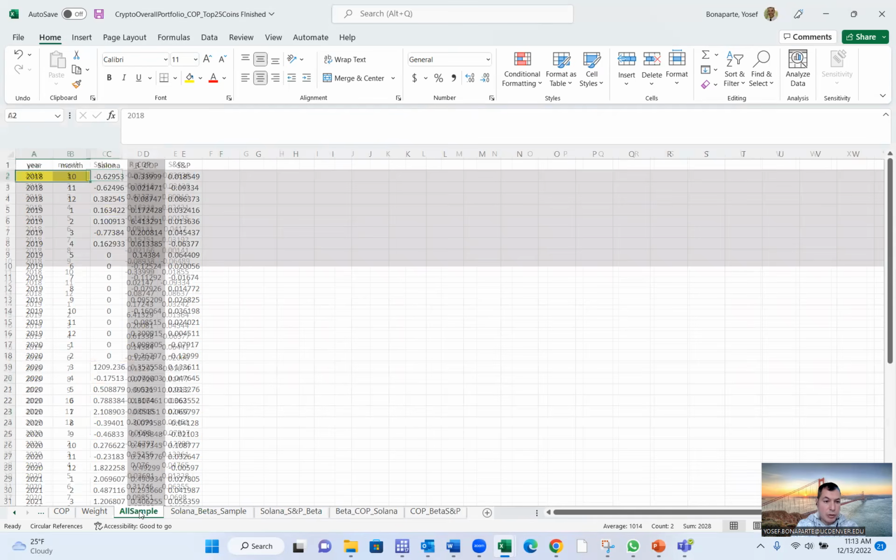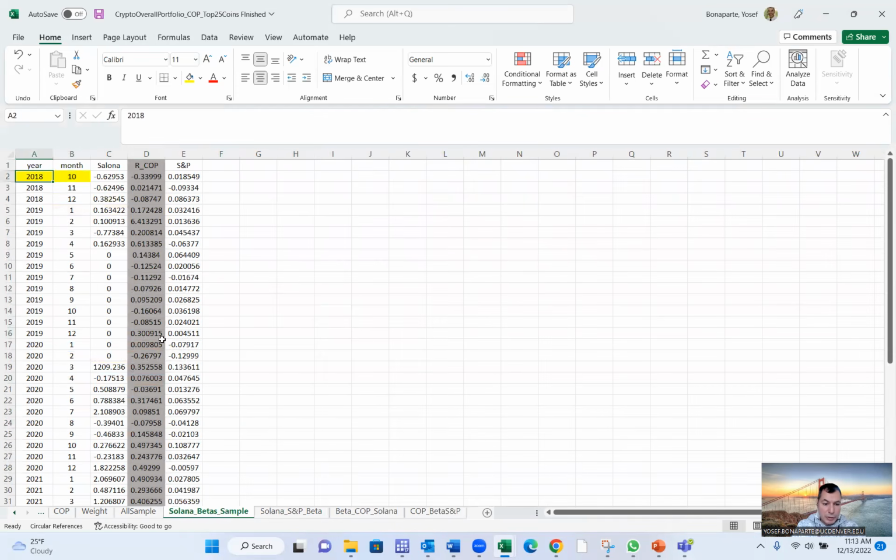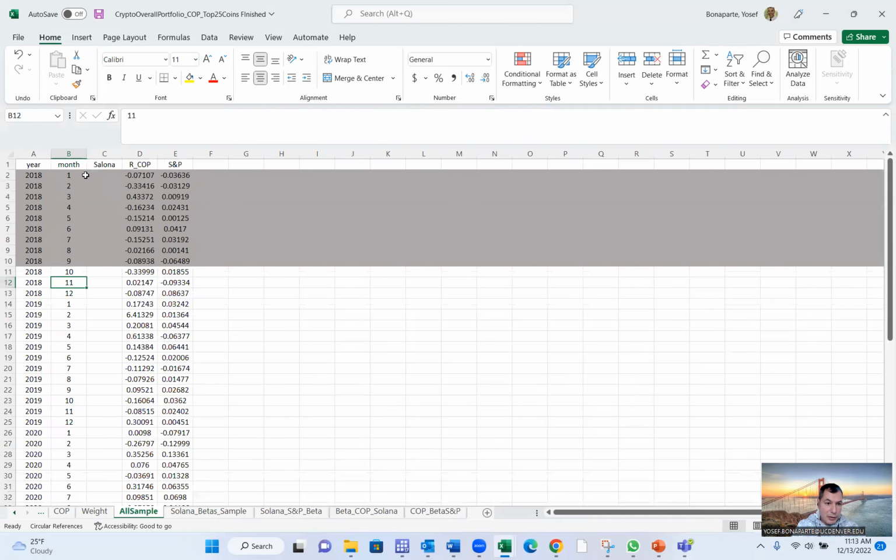So you go here and make sure that for the month you start, you delete the first months where you didn't have data, and you start from there. So Solana starts in October, and I'm going to use October 10th. The whole COP and S&P sample is from January 2018.